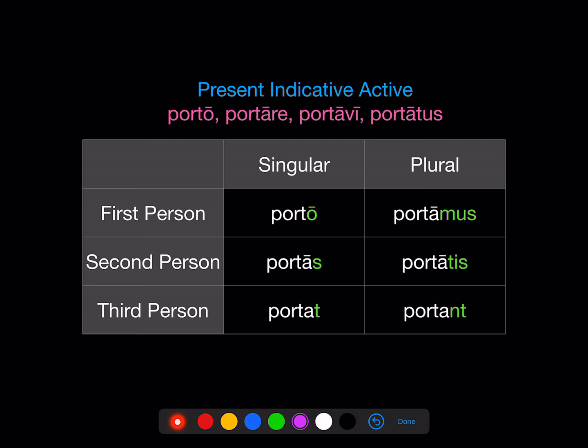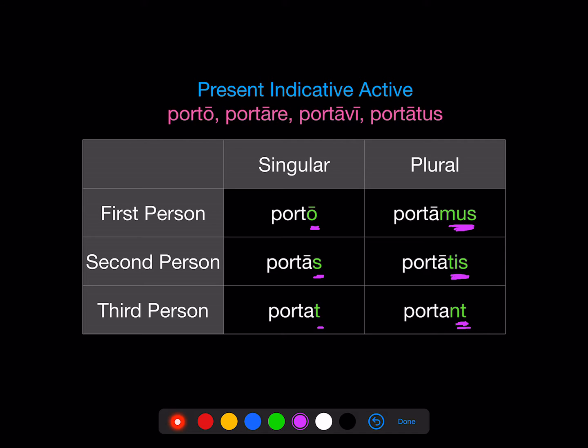They're called personal endings because they show you what person and number the verb is. So O, S, T, mus, tis, and then this NT. So I carry, you carry, he carries, we carry, y'all carry, they carry. So we know all that.